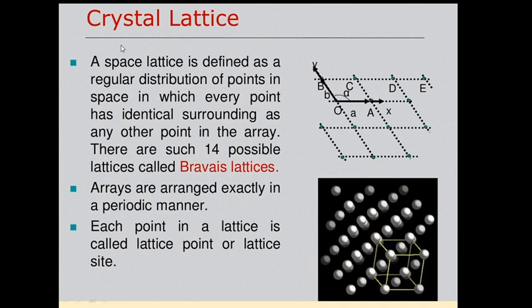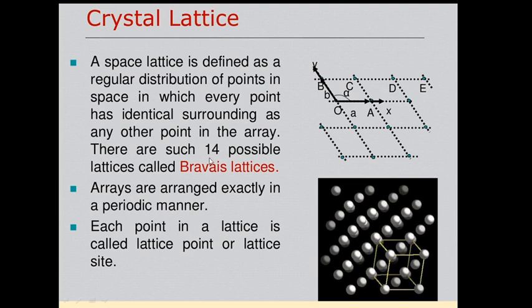That means a space lattice is defined as a regular distribution of points. So all these points are the space lattice, and every point has an identical surrounding. That means if I am looking from this point, the surrounding is identical compared to point C. So point A, point C, point B and their surroundings are basically identical.